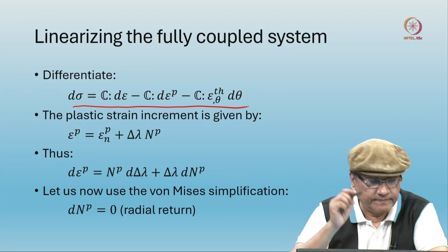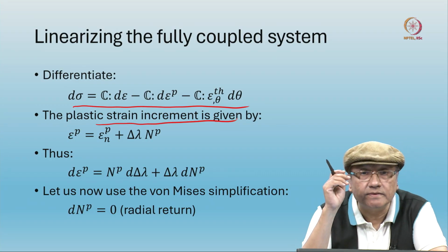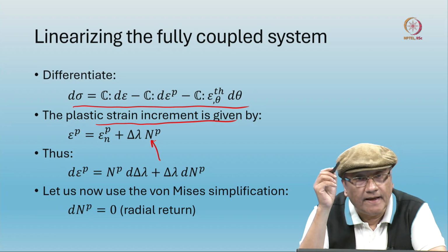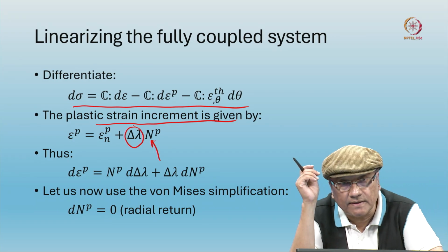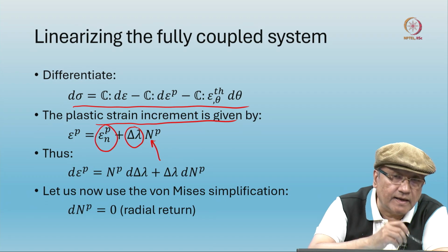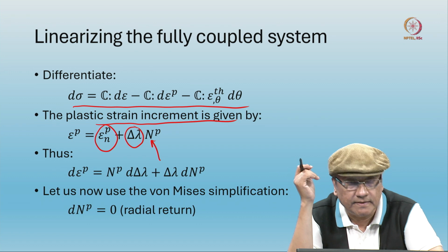Now, recall the plastic strain increment given the plastic flow direction Np and the magnitude of the increment of the plastic strain, delta lambda, and given the plastic strain at the last time Tn, our objective is to determine it at Tn plus 1.